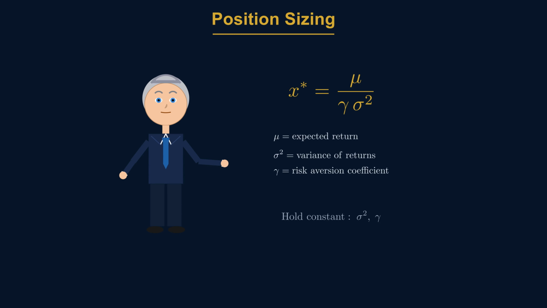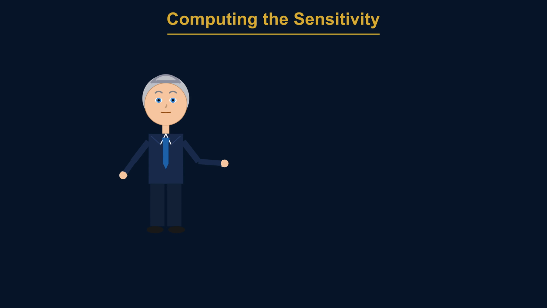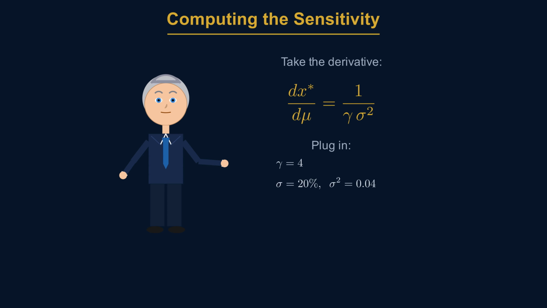The variance and risk aversion are taken as constants in this calculation, and the parameter that we're going to vary is mu, the expected return. So Victor applies the direct method. Take the derivative of x star with respect to mu. The variance and risk aversion are constants, so the derivative ends up being 1 over gamma sigma squared. Plug in his numbers. His risk aversion coefficient is 4. The asset's volatility is 20%, so sigma squared is 0.04.